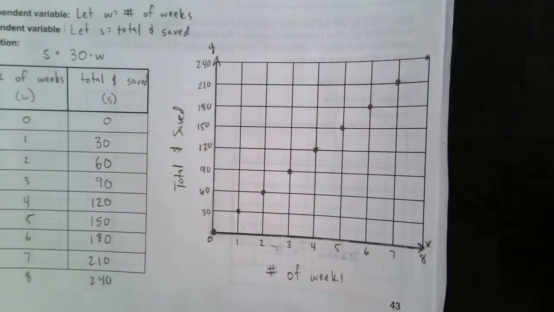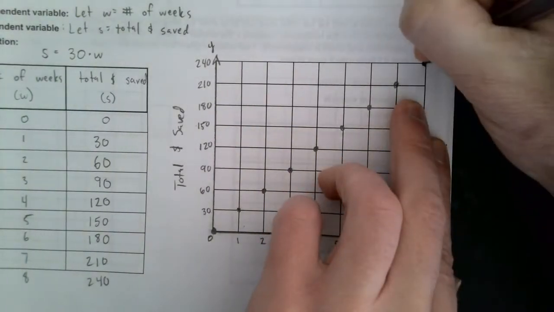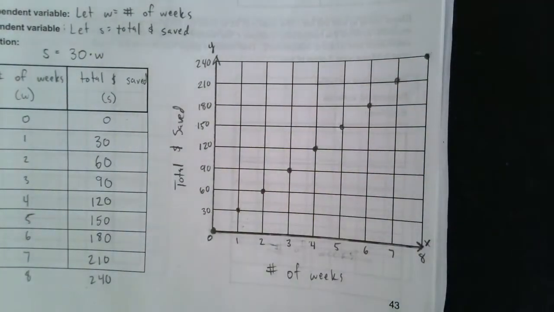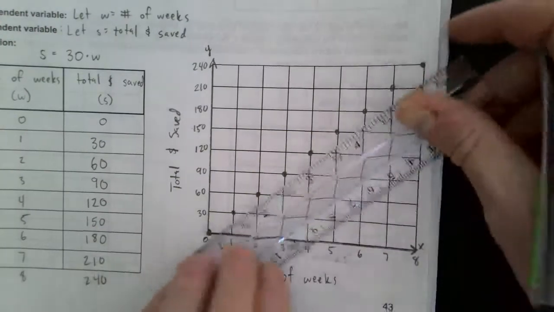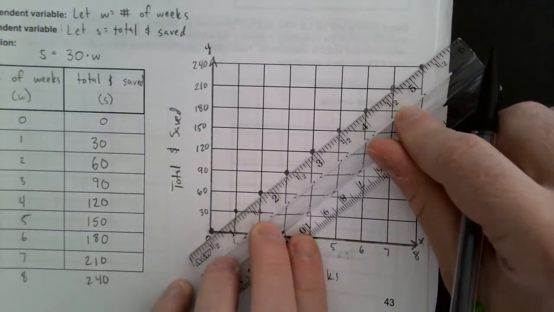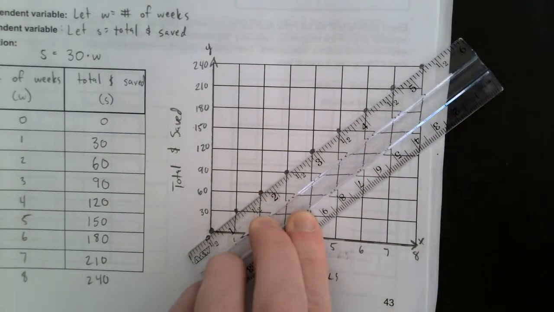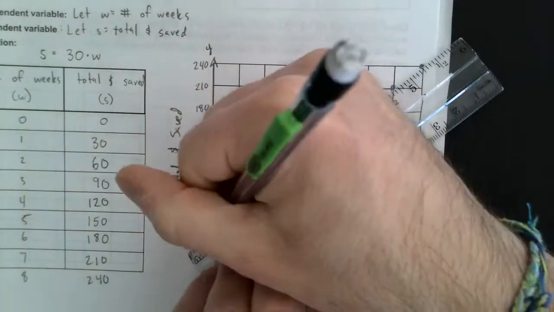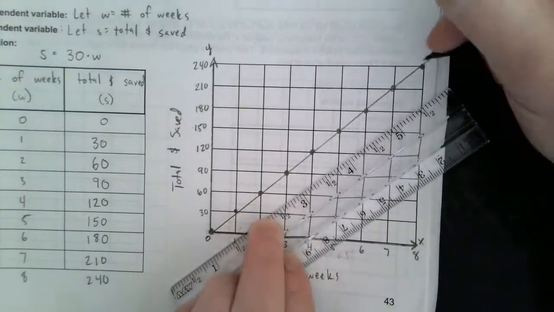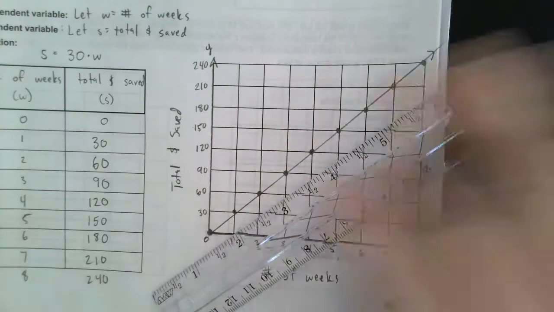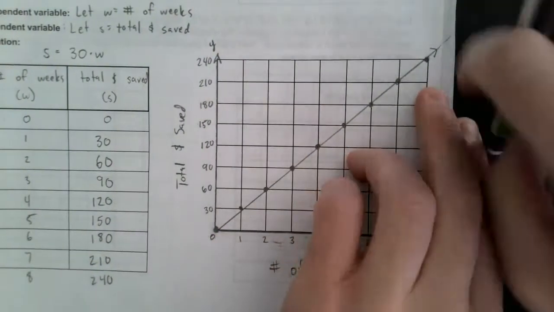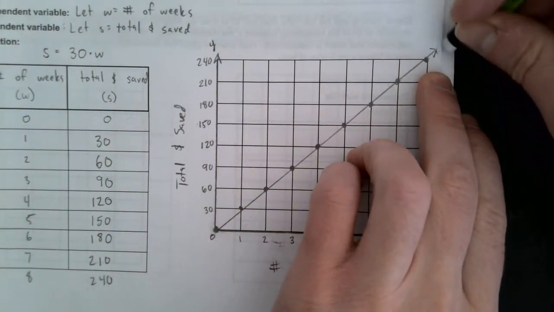So perfect. There you go. All right. Let's connect it. Make a little line here. Nice. Make sure you have an arrowhead at the end of your line there. And then the last thing we're going to do is just name it.